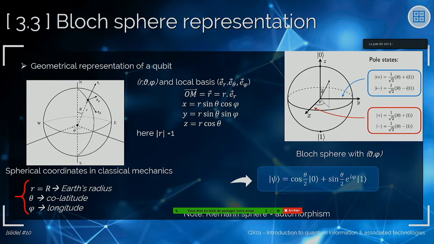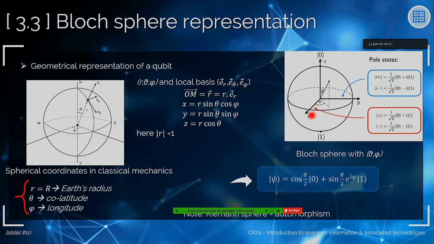Okay, so any qubit, depending on alpha and beta, any continuous values that alpha, beta can take, you will be able to represent the qubit associated to it on this sphere.